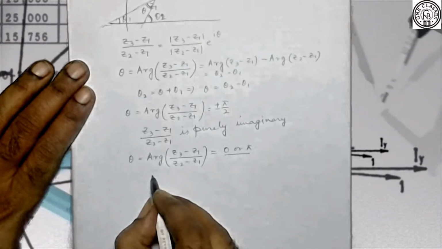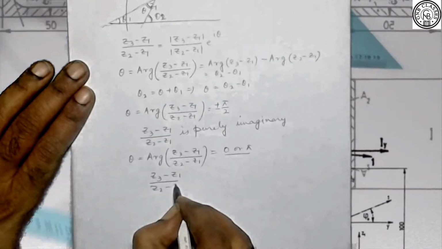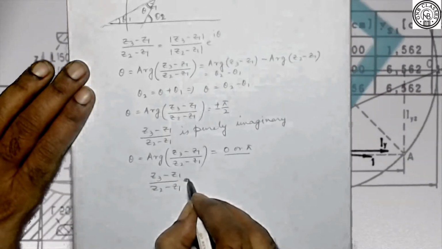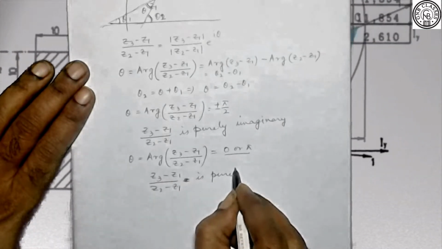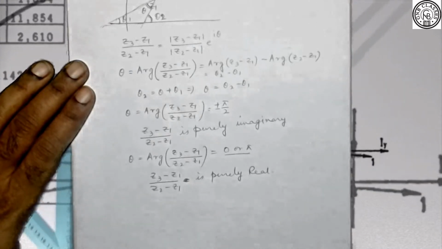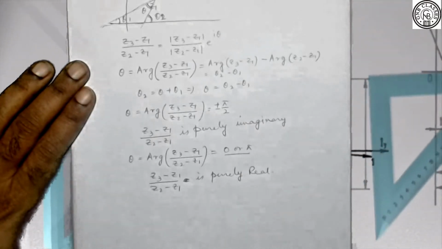Therefore, in this case (Z3 minus Z1) by (Z2 minus Z1) will be purely real. Is it clear or not? Have you understood this? This is a very important concept. This will be needed in complex geometry when we do it.